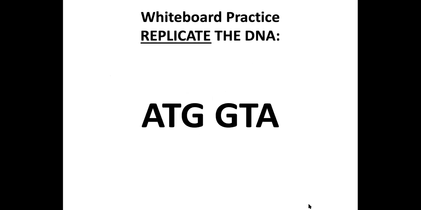All right, so just like I had said the other day, if we were able to use whiteboards, this is what we would be doing. This one's going to be quick, we've only got 6. Make sure we look at what the directions are asking for. What is it asking? Replicate, so what are we going from? DNA to DNA, okay?